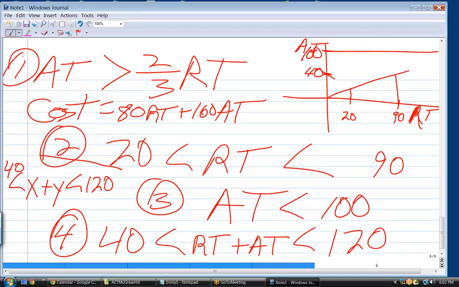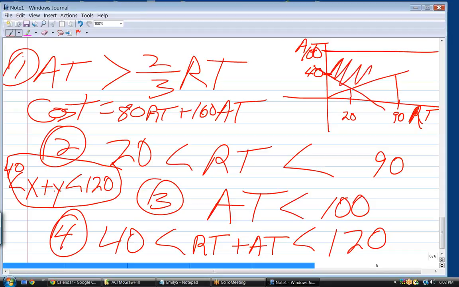So if I want to graph that, I actually have two equations. I have y is greater than 40 minus x, which is that line, and it's above that line.